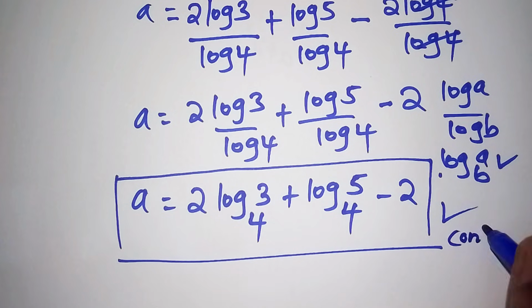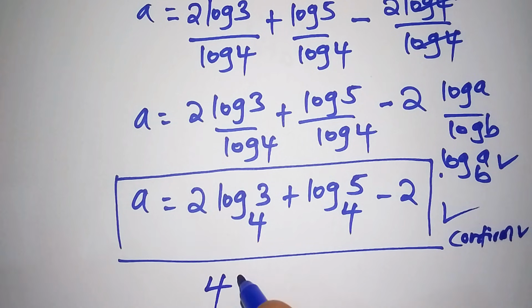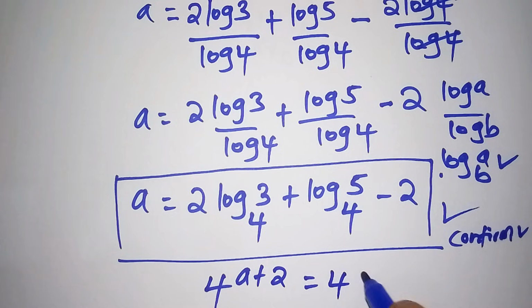So let's now confirm this problem by having the question that you had. We had 4 to the power of a plus 2 is equal to 45.